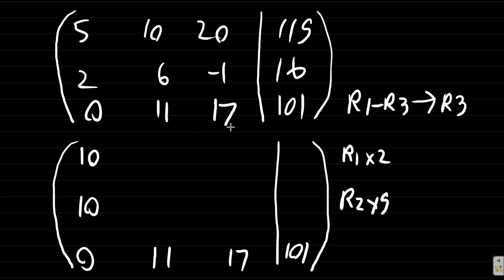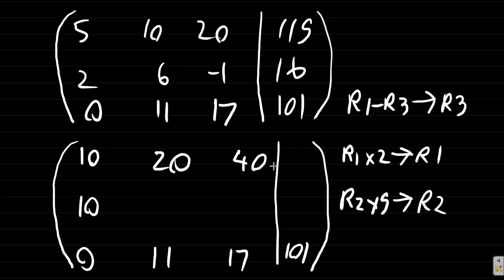Row 1 times 2 will lead to our new row 1. Row 2 times 5 will lead to our new row 3. My gosh, where are 3? Row 2. Alright? So, row 1 times 2. 2, 5 is 10. 2 tens, 20. 2 by 20, 40. 2 by 115, 230.